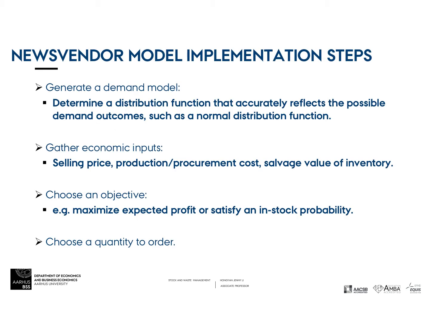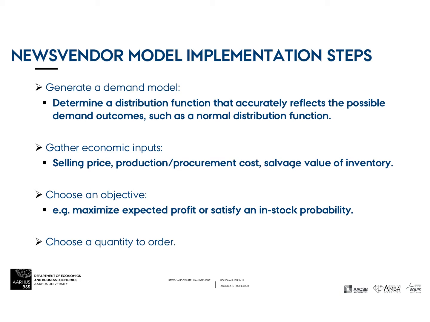The news window model might not be new for you. Here we just re-clarify the steps. If you decided to use a news window model to handle your inventory decision problem, then normally you need to go through 4 steps.